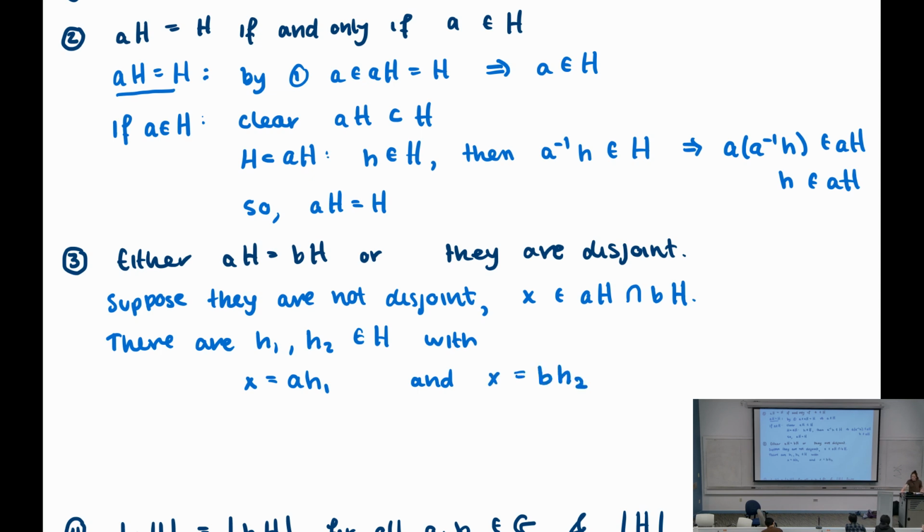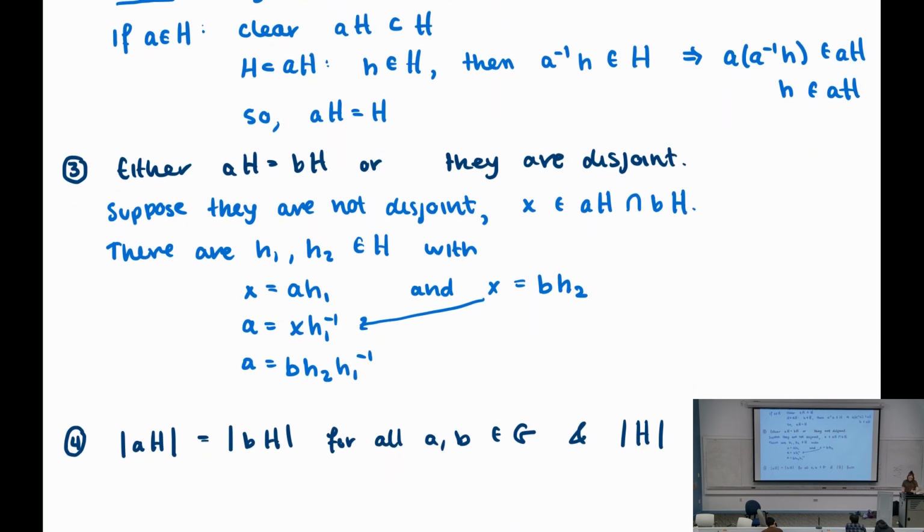So there exist h1 and h2 so that this holds. If we rearrange the first equation, we get that A is equal to x h1 inverse. Then let's substitute in for x using the second equation, so A is equal to B h2 h1 inverse.